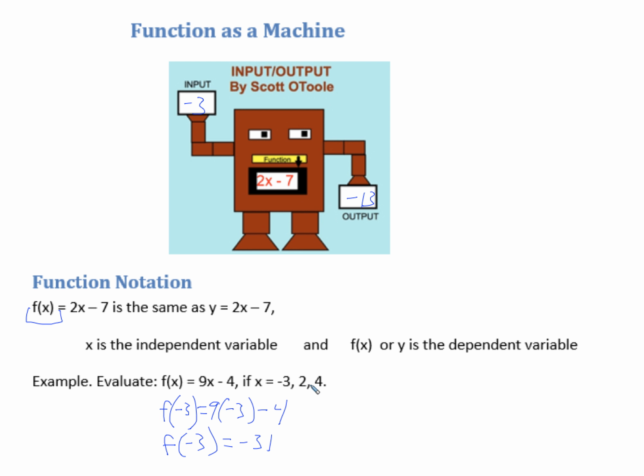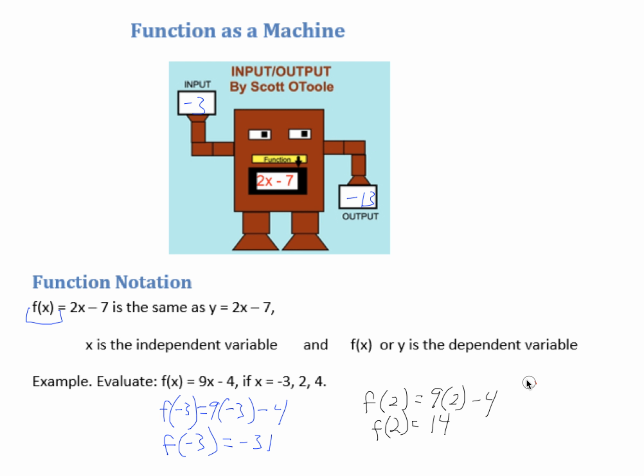We can do the same thing with 2. We can do f of 2, which means we put 2 in where we see x. And we can simplify this. So f of 2 equals 9 times 2 is 18 minus 4 is 14. And then the last one here we can put in 4.